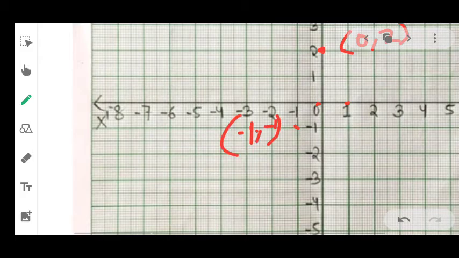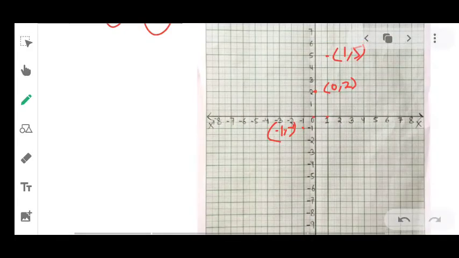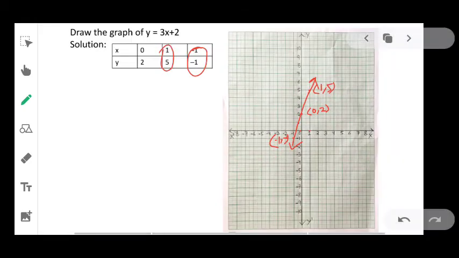Now we'll join these 3 points. Now produce it. So this is the graph for y equal to 3x plus 2.